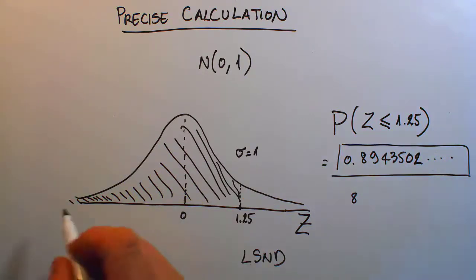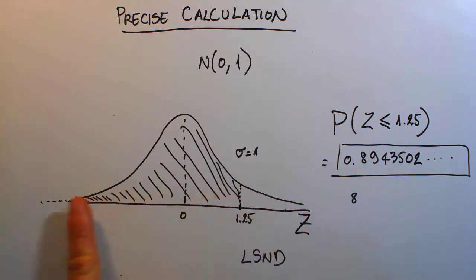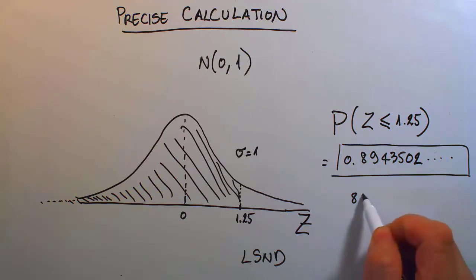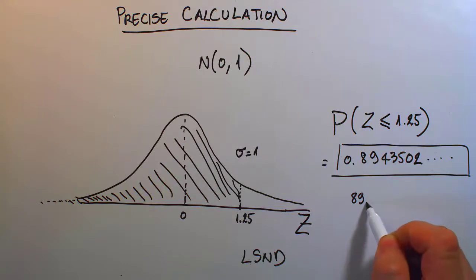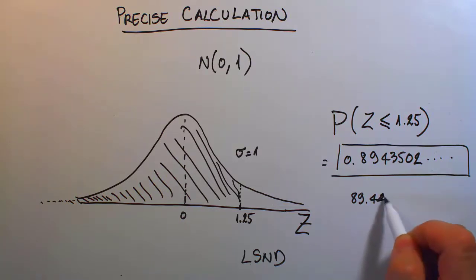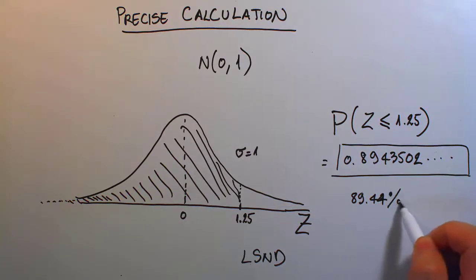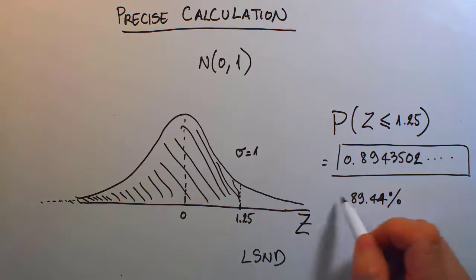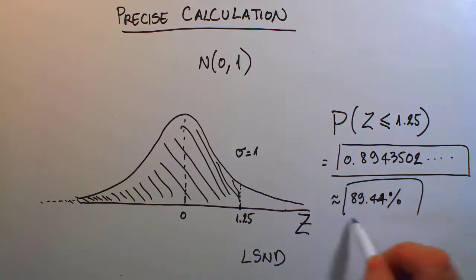It keeps extending further, becoming a tiny tail out there. But all that area, no matter how far it extends to the left, accumulates to about 89.44 percent if we round to 2 decimal places. That's a different way of expressing it.